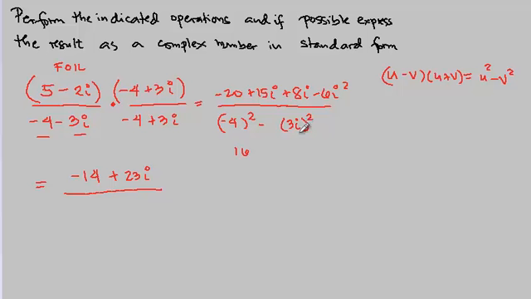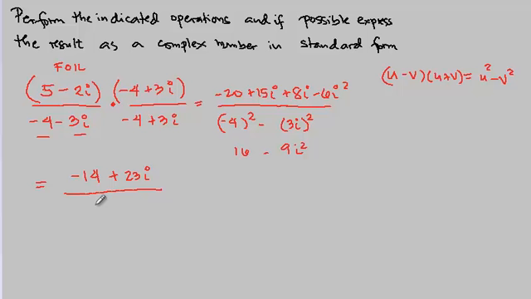What is 3i squared? That is simply 9i squared. And we know that i squared is simply negative 1. It's no longer imaginary, but a real number now. Negative 9 times negative 1, that is positive 9.